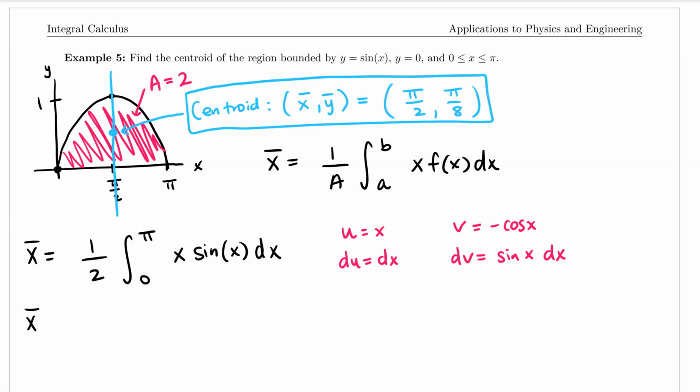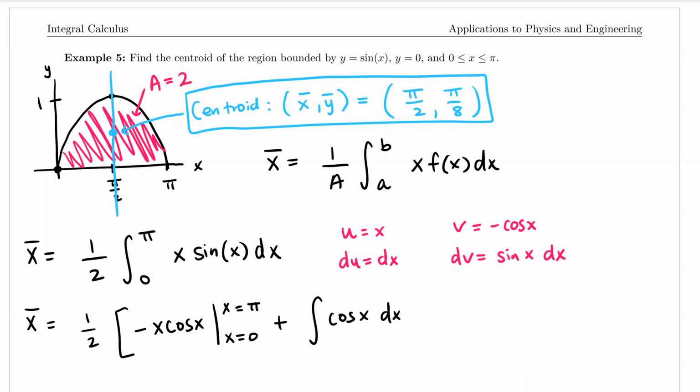So x bar is equal to 1/2 times u times v, so we'll have negative x cosine of x, evaluated from x equals 0 to x equals pi, minus the integral of v du. I'm going to go ahead and factor out that negative sign, and we get this. And I'm missing my limits on my integral, so those are from 0 to pi.